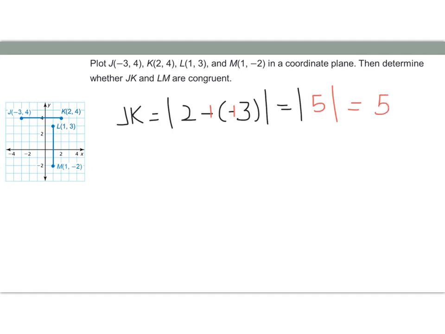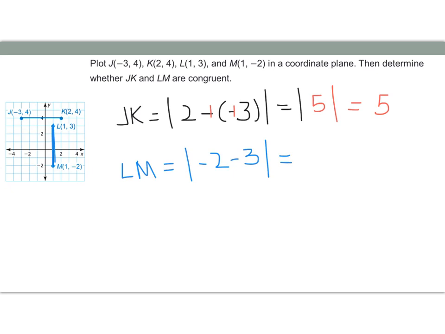I'm then going to do the same thing with LM. And again, because LM is a vertical line, or this line right here, I'm going to find the difference of their y coordinates. So in this case, I have the absolute value of -2 minus 3.